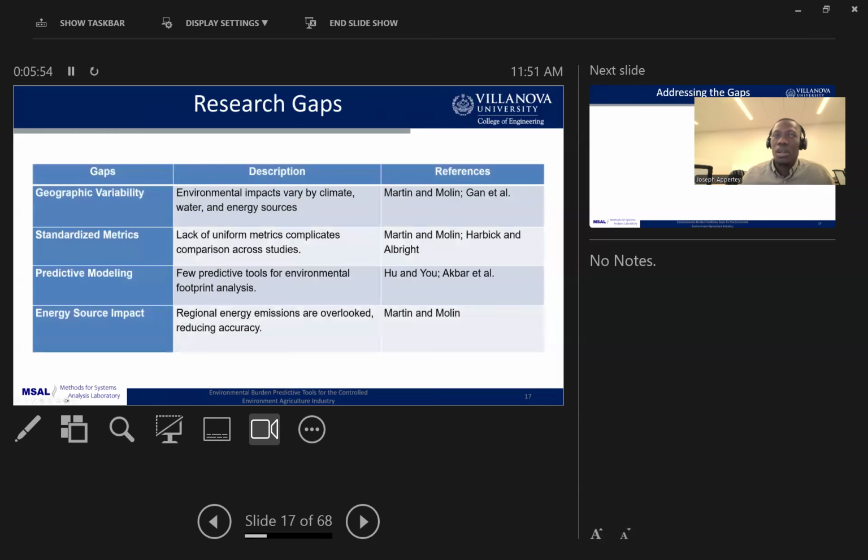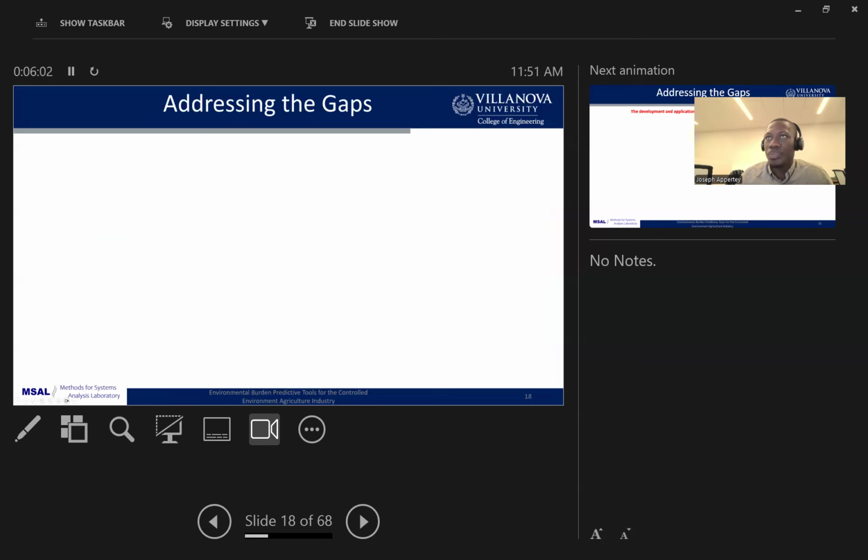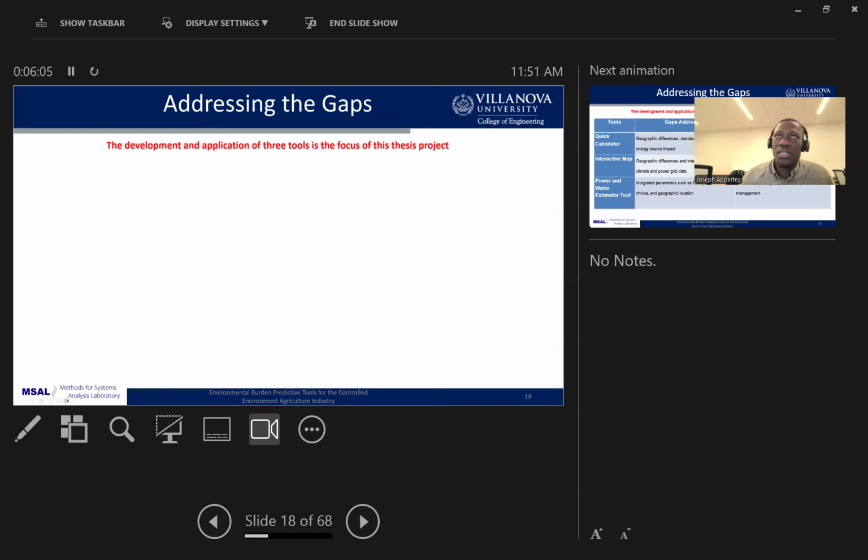Some of the gaps include the geographic variability, the standardized metrics, the lack of predictive modeling, and the energy source impact. To help address this, the development and the application of the three tools is the main focus of this research in order to help curb these challenges and also solve the various needs of the CEA facilities.